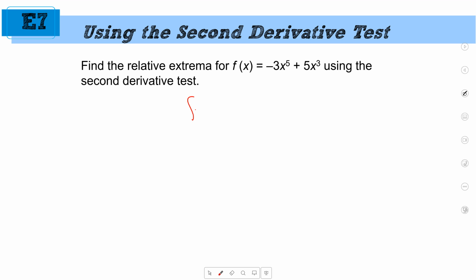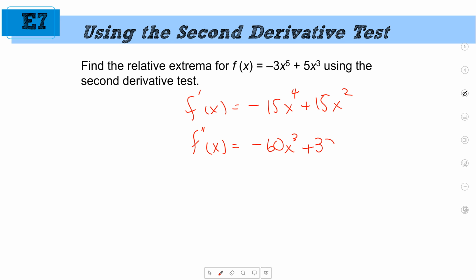So I'll show you what it looks like. f prime of x is equal to negative 15x to the fourth plus 15x squared. f double prime of x is equal to negative 60x cubed plus 30x. Okay, so I need some critical numbers here. Set it equal to 0. That means that, let's see, factor out negative 15x squared would leave me an x squared minus 1. So my critical numbers for the first derivative would be x equals 0 and plus or minus 1.